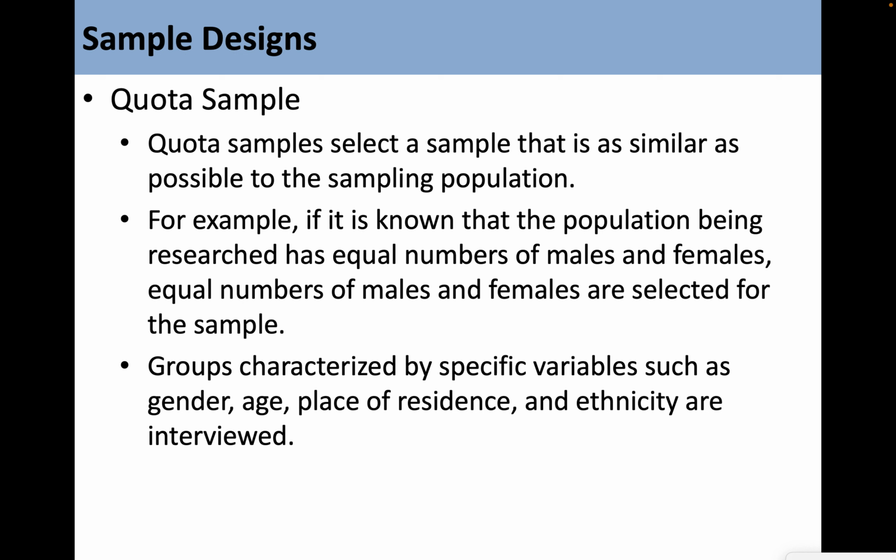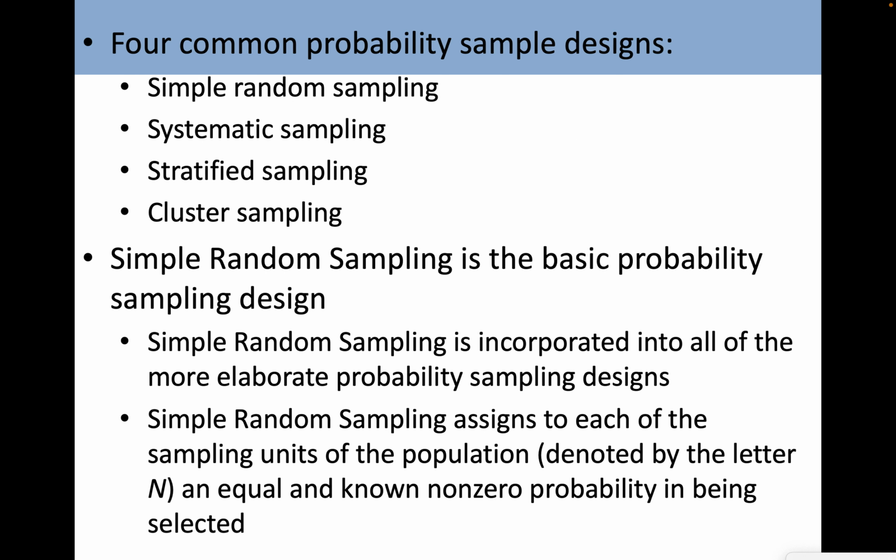So the quota can be anything. It can be a racial quota, it can be a gender quota, it can be an education quota. Oh, I can't talk to you. You have too much education. I just talked to somebody who has your level of education, more education than you have, by golly. And I don't want to skew my sample by using too many people with too much education.